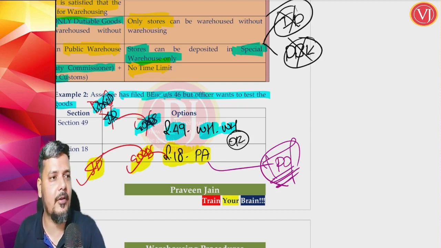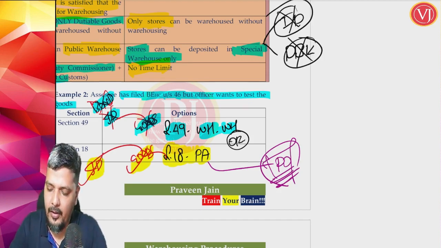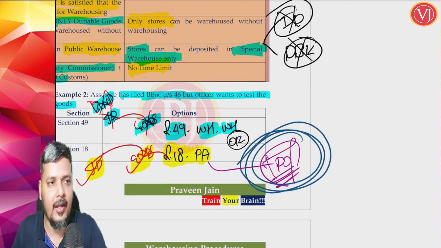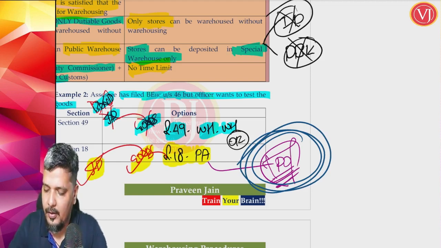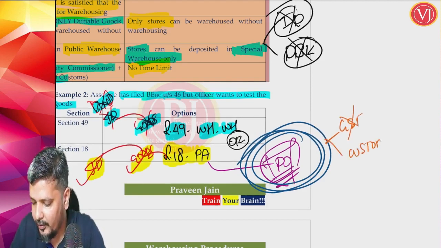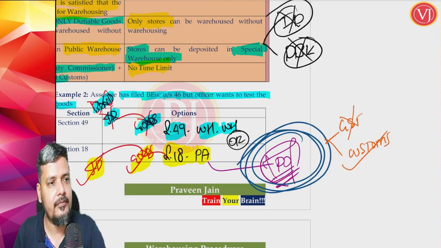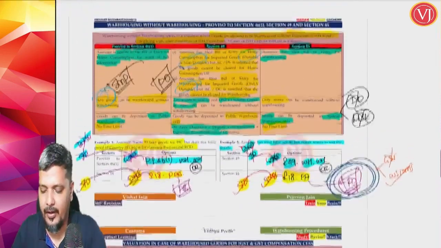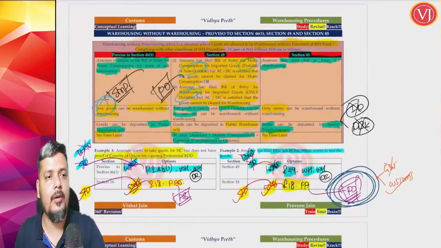Then after the checking result comes, convert provisional assessment into final assessment. In customs, even the officer's doubt can initiate provisional assessment, which was not possible in GST. This concept is called warehousing without warehousing.